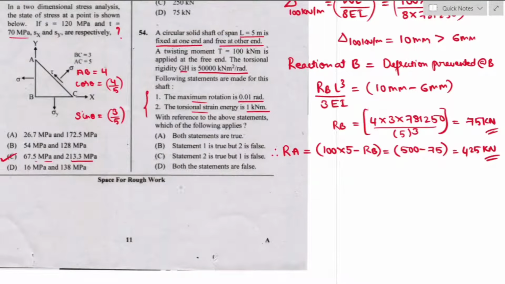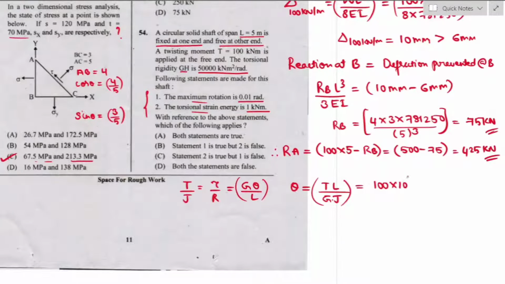From the torsional equation we know that the maximum rotation, theta, is equal to T into L divided by G into J. T is the twisting moment, that is 100 kN meter, so 100 into 10 to the power of 6.